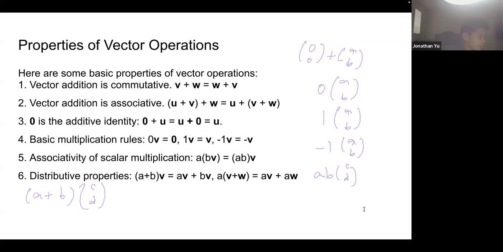A plus B times C is AC plus BC, so the corresponding pieces will be the same. Similarly, A times B plus D will be AB plus AD. So again, the corresponding pieces are the same. All of these basically come from the corresponding facts in real numbers.